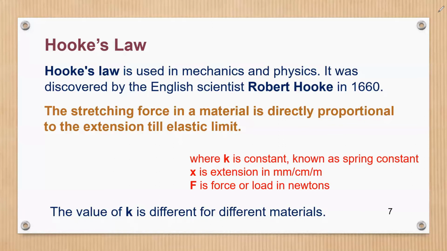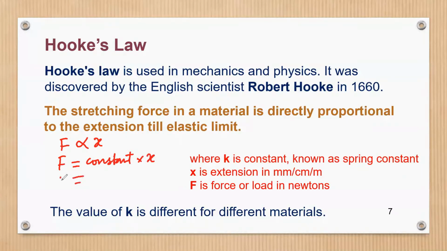So according to the definition of Hooke's law, the stretching force is directly proportional to the extension. We can represent this mathematically. F is directly proportional to extension. Whenever we change proportionality into equality, we always write a constant.